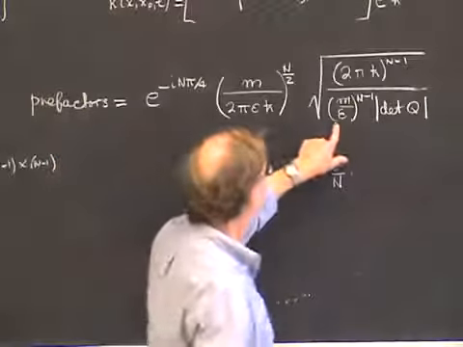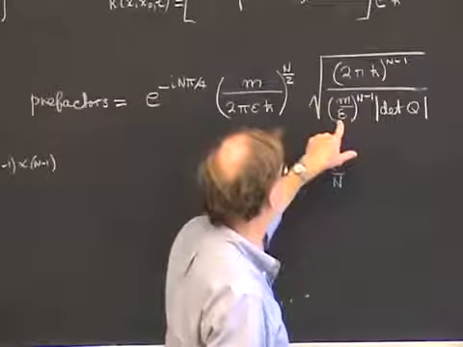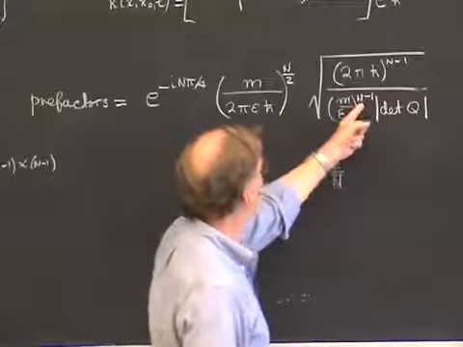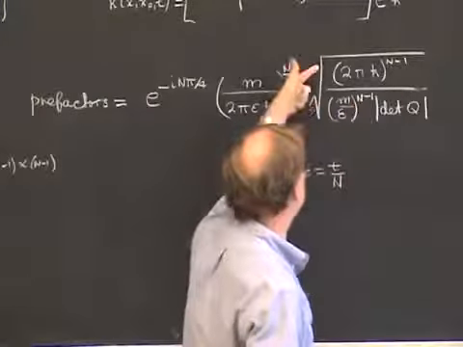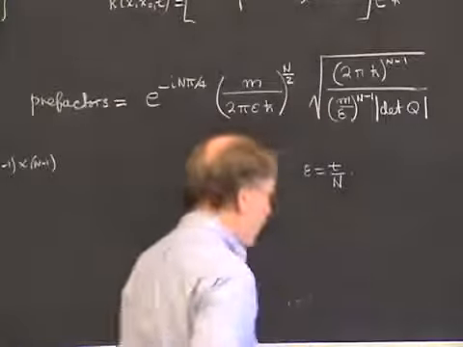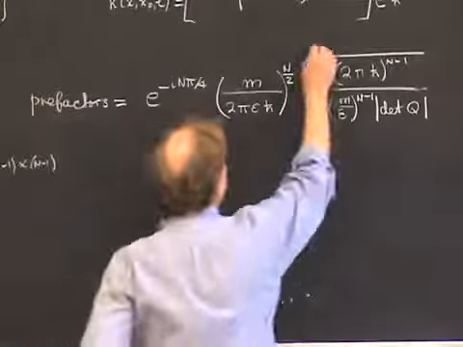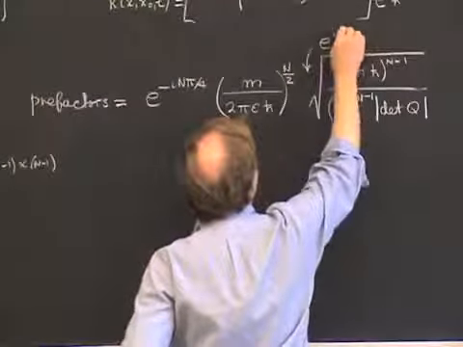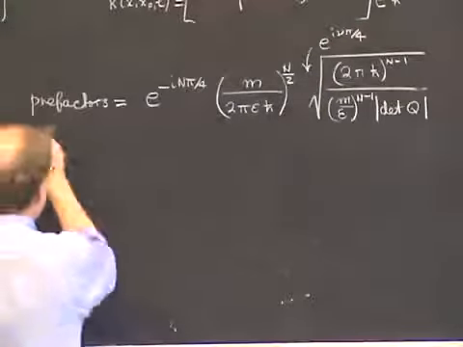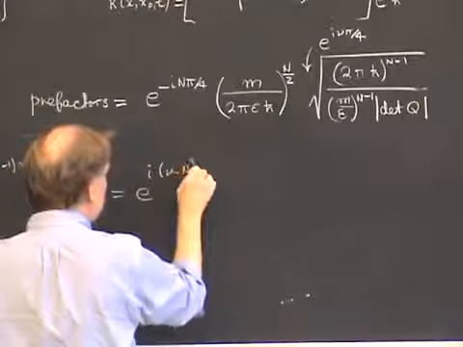In fact, if you look over here at these factors that came from the stationary phase approximation, I've got a 2 pi h bar divided by m over epsilon. It's really the same thing as in these round parentheses here. The power isn't quite the same. This is n minus 1 over 2 because of the square root. But anyway, it combines with that just to leave behind a single 1/2 power. And so this turns into this. Oh, and I also forgot the e to the i nu pi over 4 that's supposed to be in the stationary phase approximation. So these prefactors now turn into e to the i n minus nu times pi over 4.